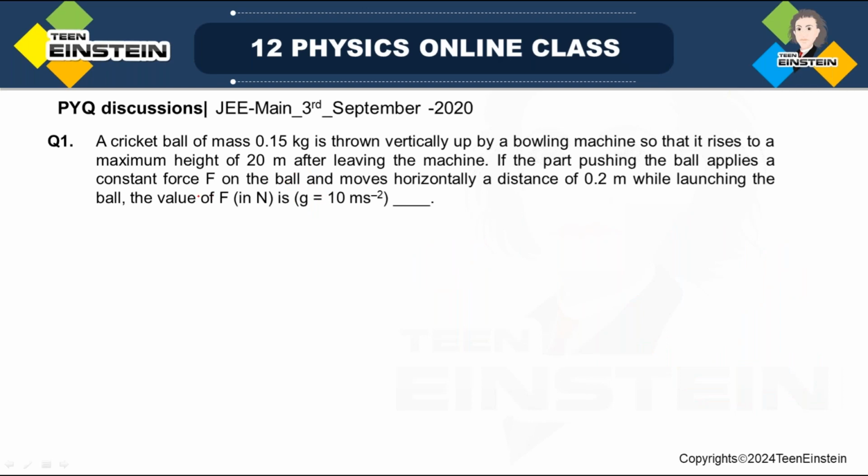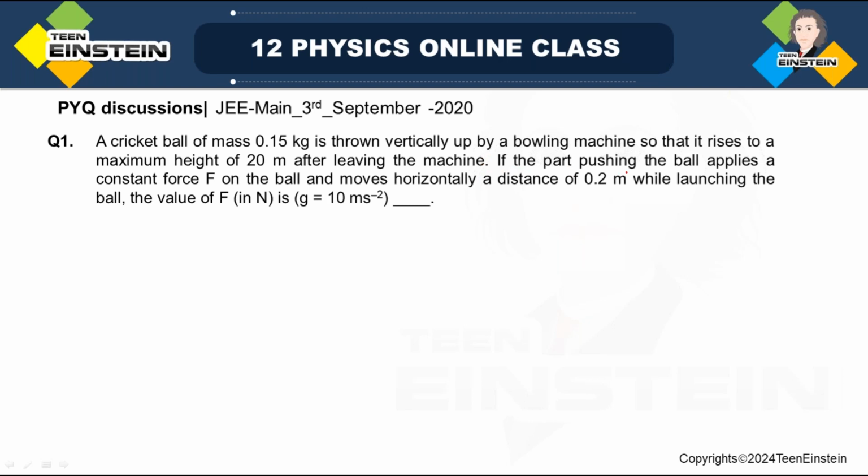Let us see how questions come. See, in this question, a cricket ball of mass 0.15 kg is thrown vertically up by a bowling machine so that it rises to a maximum height of 20 meter after leaving the machine. So there are bowling machines which can continuously throw balls so that a batsman can practice for a long time without the help of any bowler.